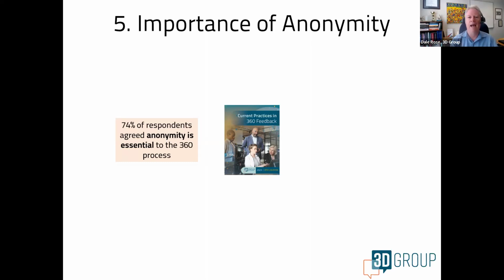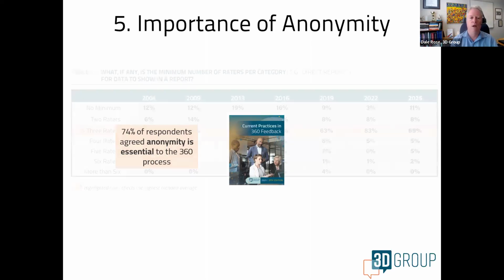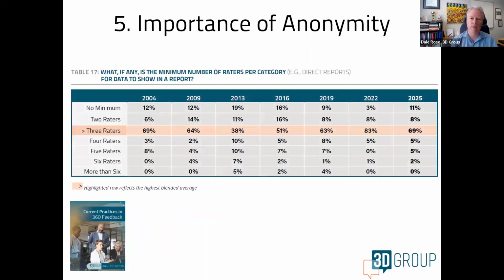When we look at how many individuals are typically included, what we find is that 3 is the most common. It's the mode here. So a minimum of 3 peers, in my example, averaged together gives you that anonymity. With 2, it starts to get a little too easy to figure out.